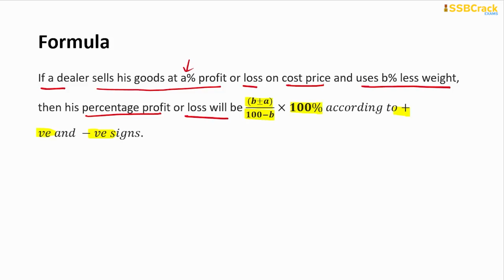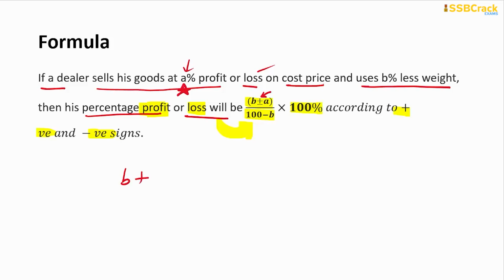So here you could notice that the A% might be expressed as a profit, or it can be expressed as a loss. If it is expressed as a profit, we shall take the plus, or if it is a loss, then it should be minus. So either to find the profit percentage or the loss percentage for that dealer, the same formula will work. And what is that formula?